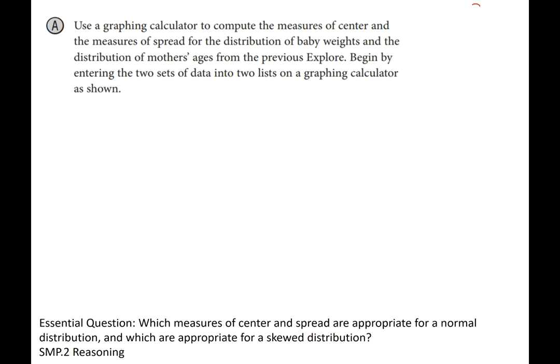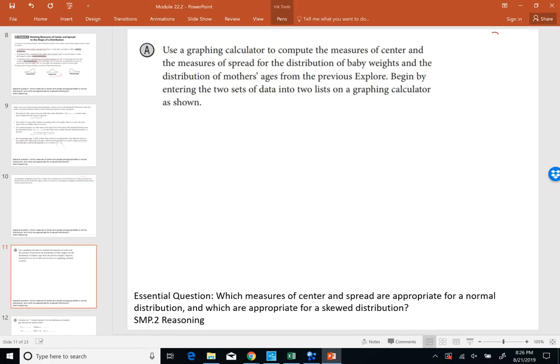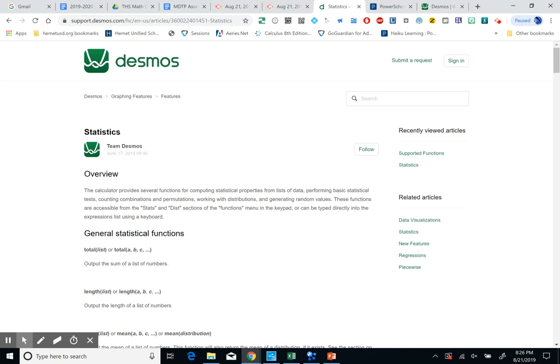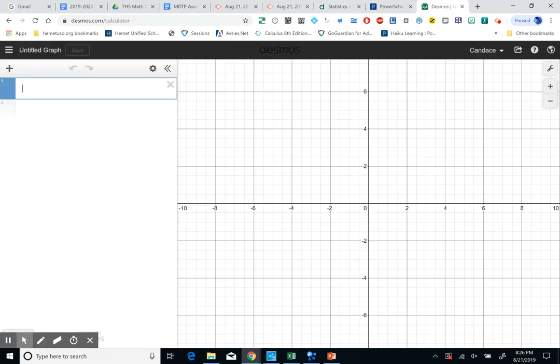All right, so we're supposed to use the calculator to compute the measures of center and the measures of spread of the distribution of the baby weights and the distribution of mothers' ages from the previous Explorer. Begin by entering the two sets of data into the lists on the graphing calculator as shown. So we're just going to do that in Desmos. Get into Desmos, and remember you're going to do a plus sign and a table.